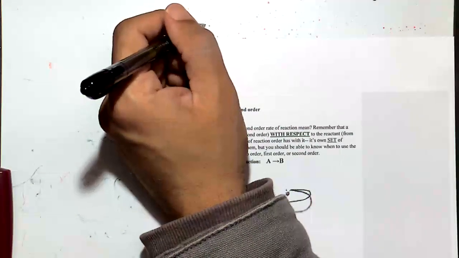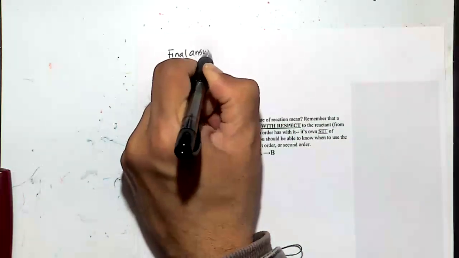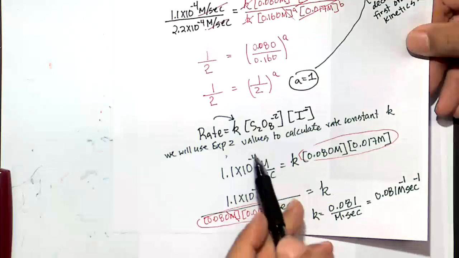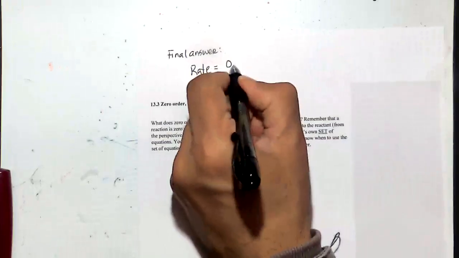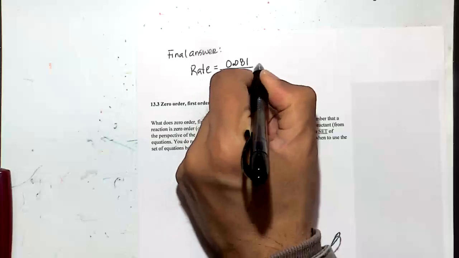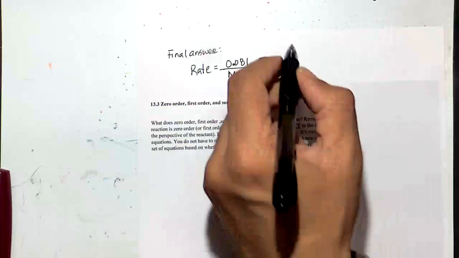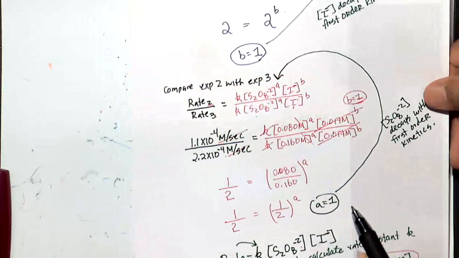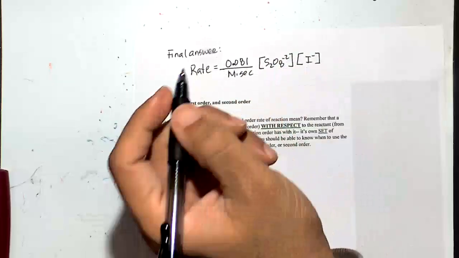Final answer is this: rate is equal to K, which is 0.081 inverse molar inverse second, times the concentration of S2O8 minus 2 raised to the 1, times the concentration of I minus raised to the 1.